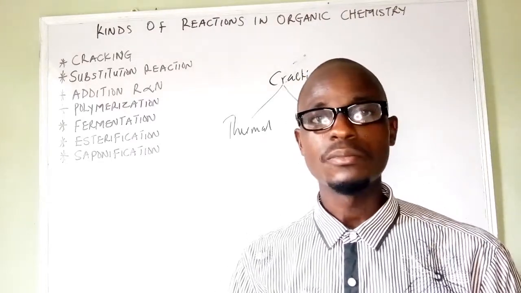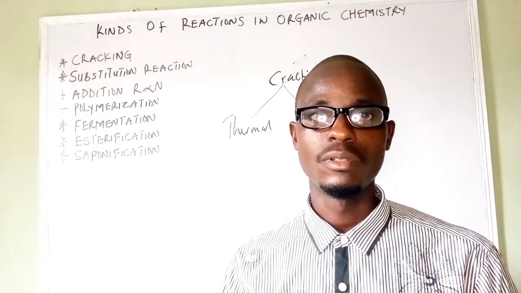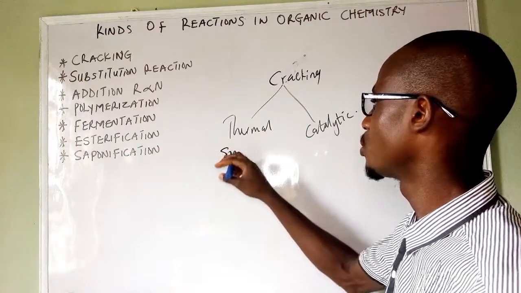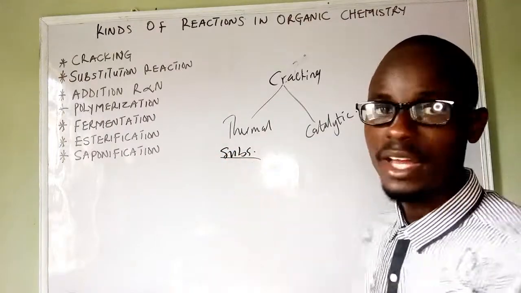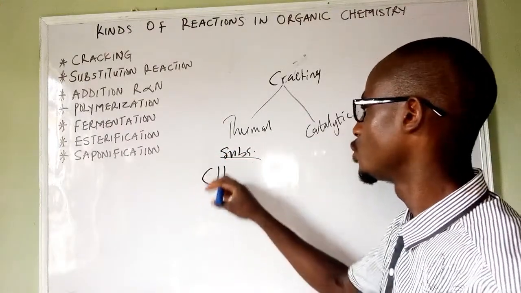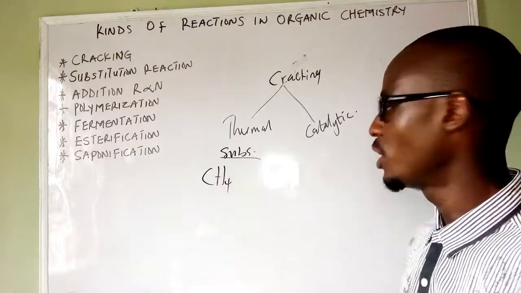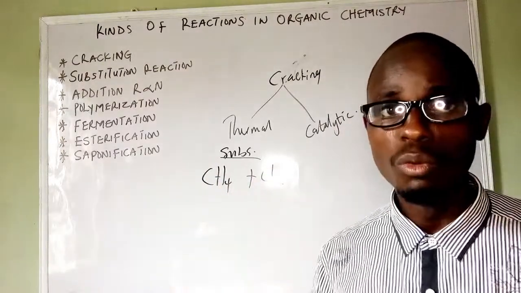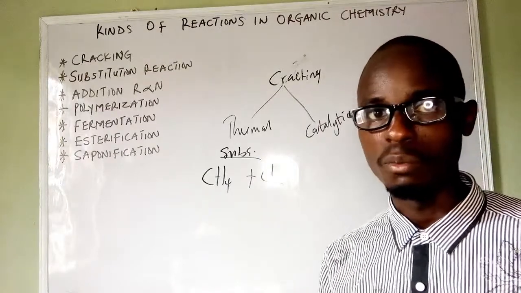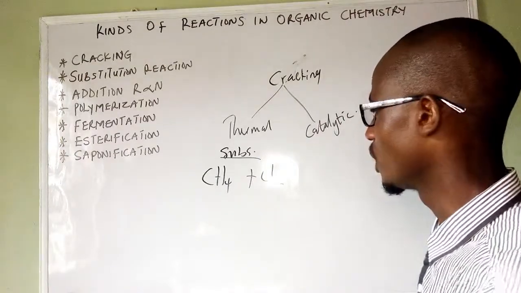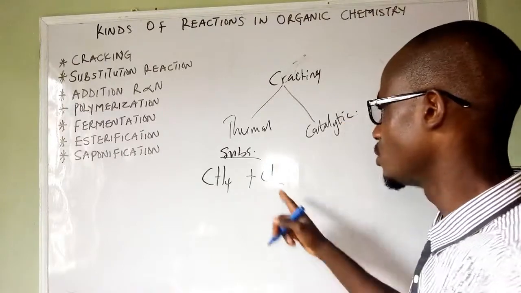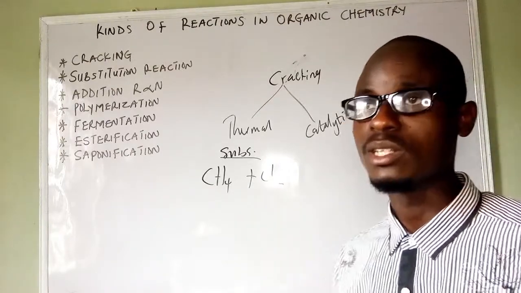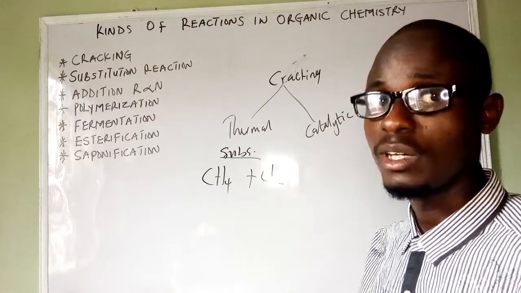For instance, if I have methane, CH4, this CH4 might be combined with chlorine, Cl2, to remove one hydrogen and replace it with one chlorine. You can supply excess chlorine so that more hydrogen will be substituted with chlorine.